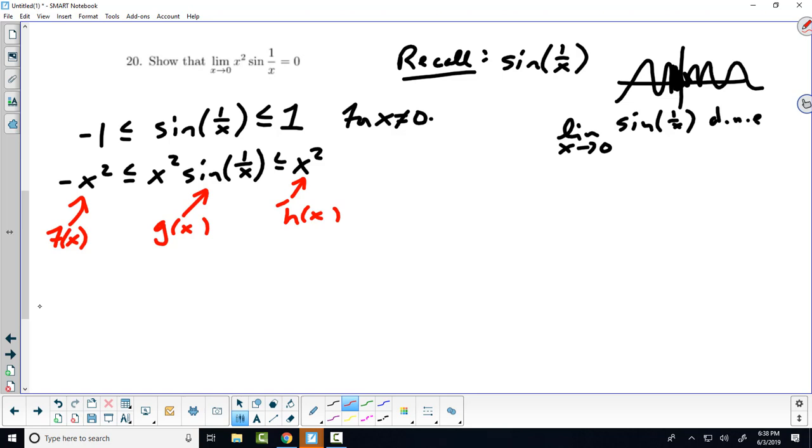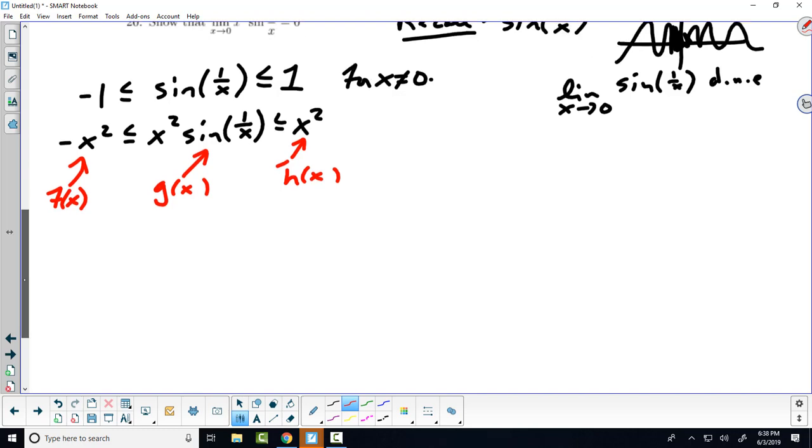Now, for the squeeze theorem to work, it's not enough to show that the function we're working with is between two functions. That's not enough. We've got to show that these two functions converge to the same y value at the point that we're interested in. Okay? Well, let's just check.